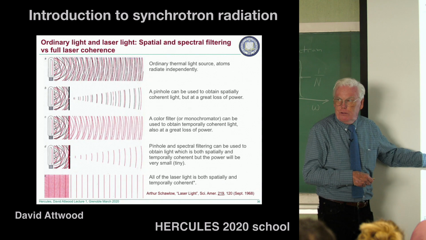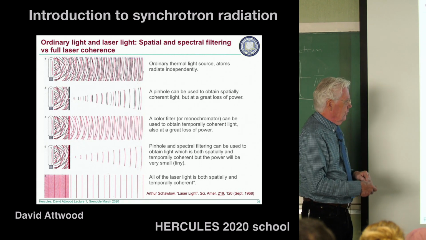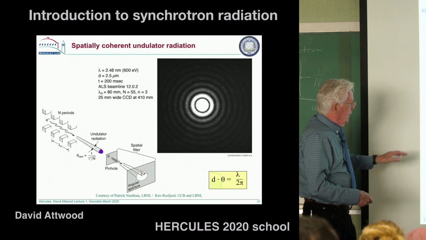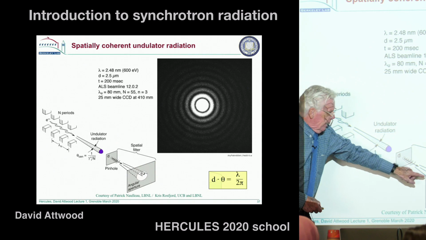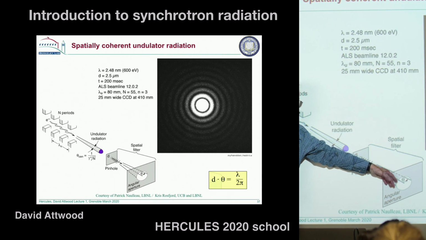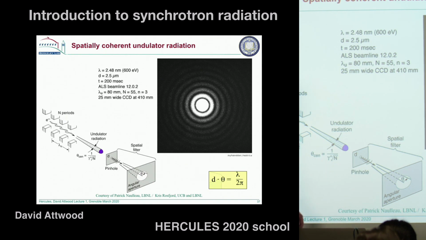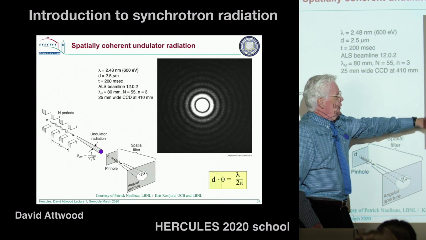So I'm going to show you just a few slides, and I'm going to go through quickly because we're basically out of time. But what we do is we take our undulator, we put a pinhole, an aperture which just chooses the central radiation cone, so that's the 10 microradians or so many microradians, and the pinhole around 10 microns or something like that, and what comes out looks like this.